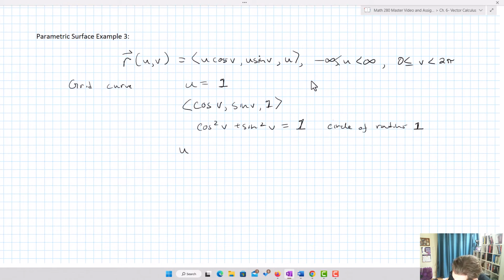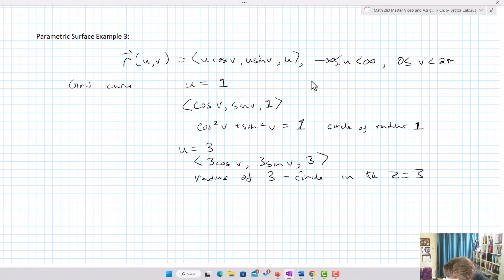Let's say, for example, we let u equal 3. Then we get 3 cosine v, 3 sine v, and 3. And so this is a circle of radius 3 in the z equals 3 plane.